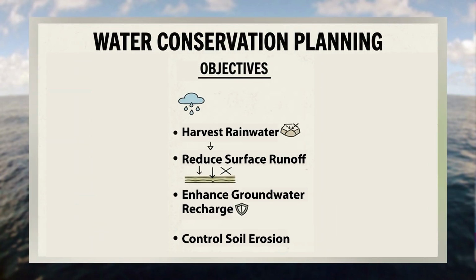Planning of water conservation structures aims to harvest rainwater, reduce surface runoff, enhance groundwater recharge, and control soil erosion within a watershed. So, traditional planning methods are time consuming and limited in spatial coverage.